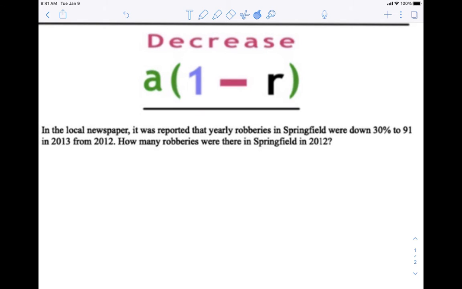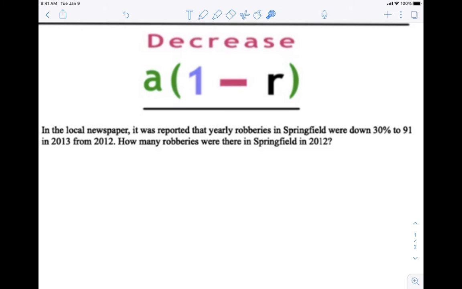All right. So we know that this is a decrease problem because of our minus sign here, right? When something is subtracting, you're minusing it, you're subtracting it, it's getting smaller, right? So we get A parentheses 1 minus R parentheses. Parentheses means multiply. We must include the parentheses. Very important to include the parentheses, right?